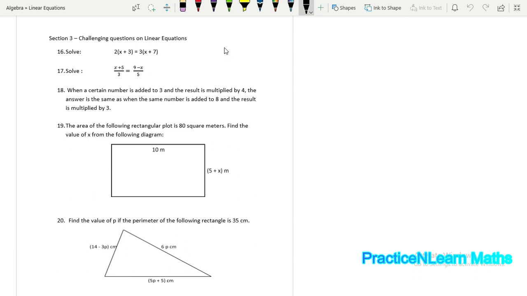First, we expand the brackets. So, we get 2x plus 6 is equal to 3x plus 21.